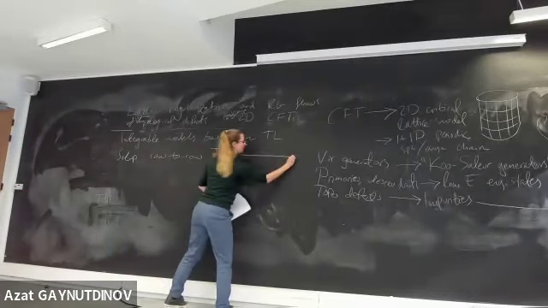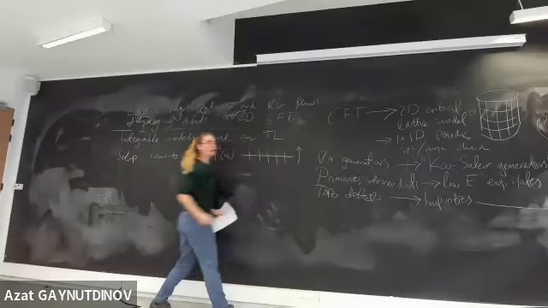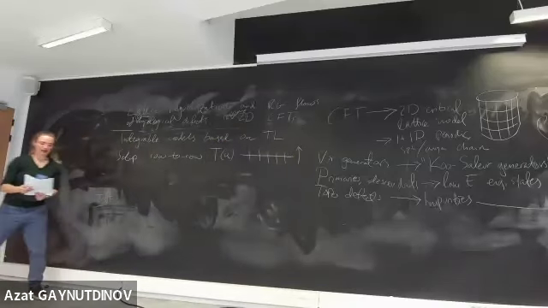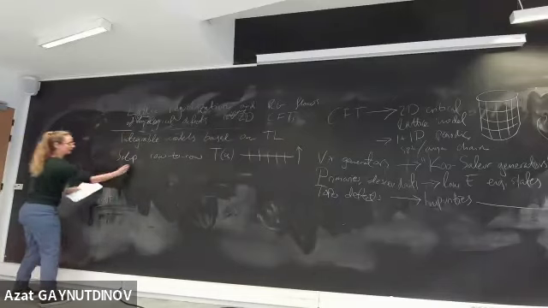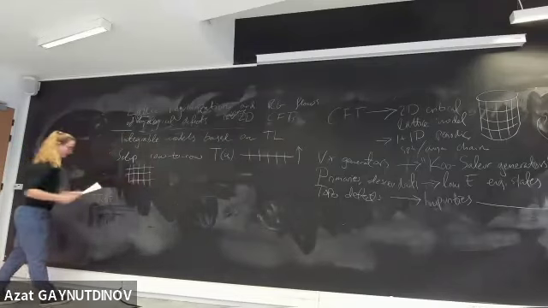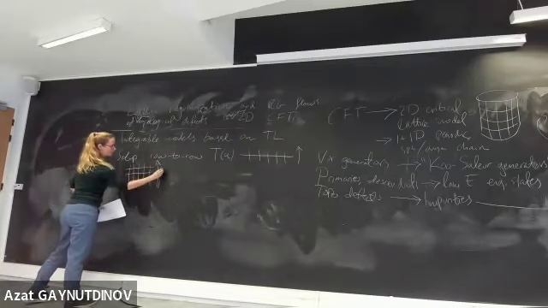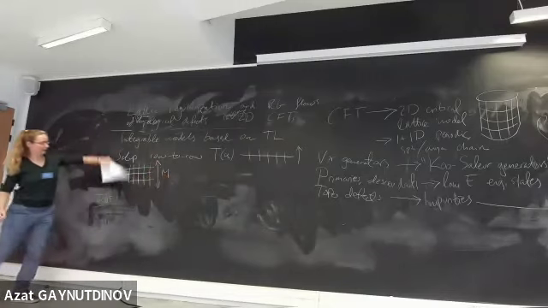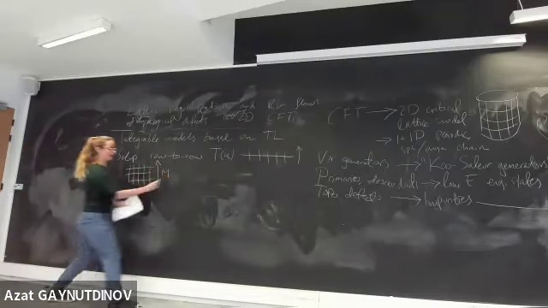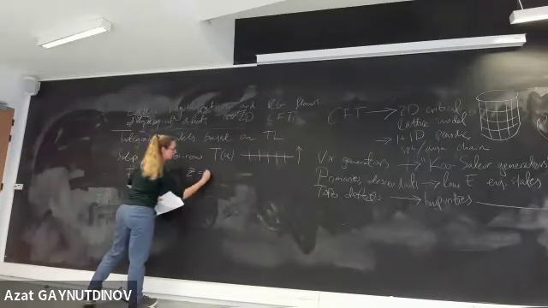This will just look like some operator going like this, and we imagine time going upwards. Then by just taking several of these and stacking them on each other, you get some extension in time. And then you get the partition function by taking the trace over this.